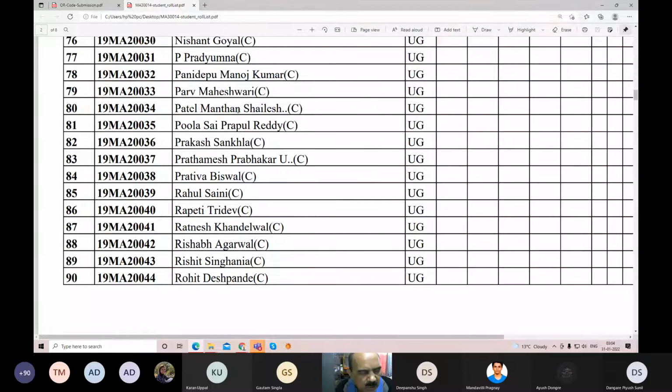There are 10 codes. For each code you can get around 1 or 2 marks, depending. When you submit a code, your code size should be small. The code which can be written in 100 lines, you are making 1000 lines. Okay, so it is not acceptable.